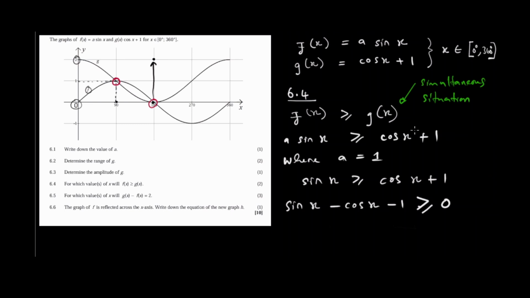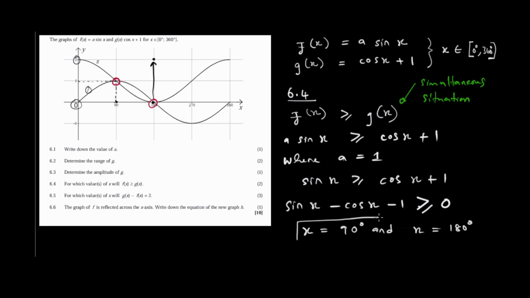But we actually didn't have to do this. You might need to do this to prove to yourself that we have a simultaneous situation. Otherwise, if you didn't do that, you should actually quote the answer. The answer here is going to be x is equal to 90 degrees and x is also equal to 180 degrees.